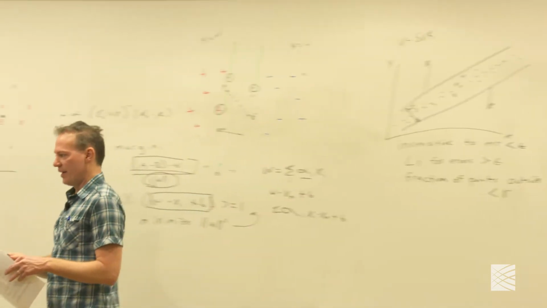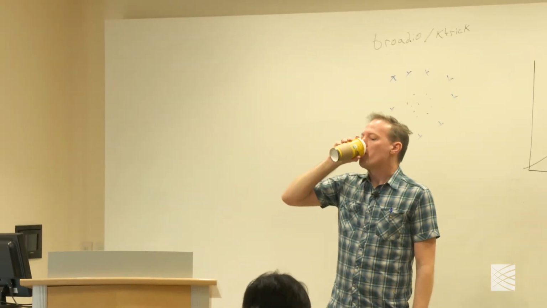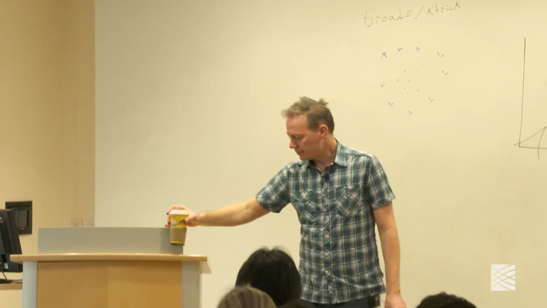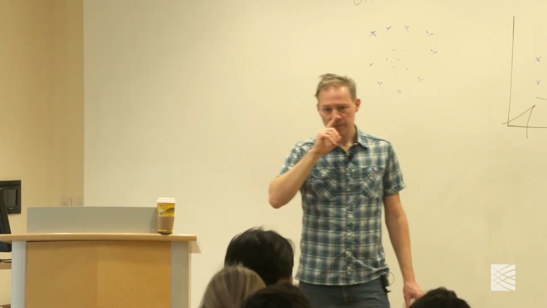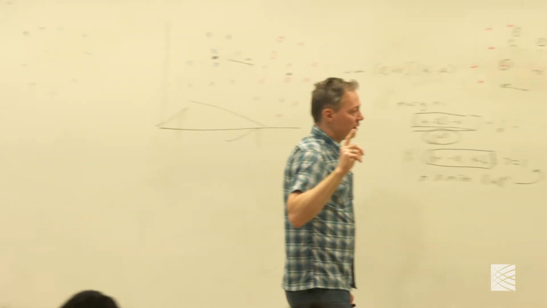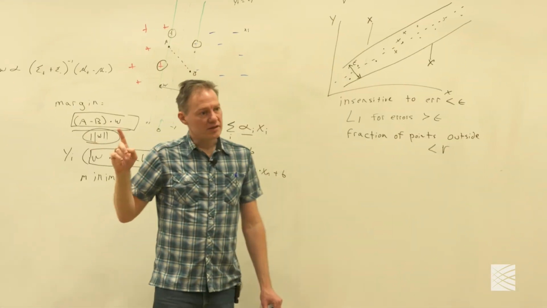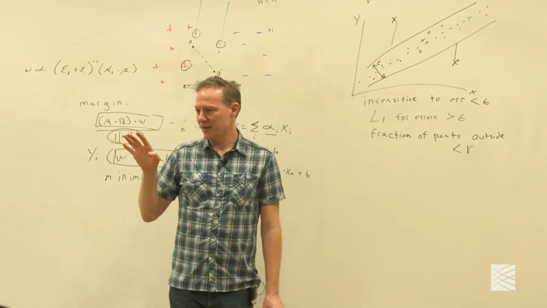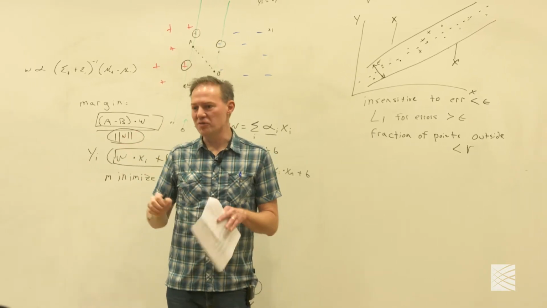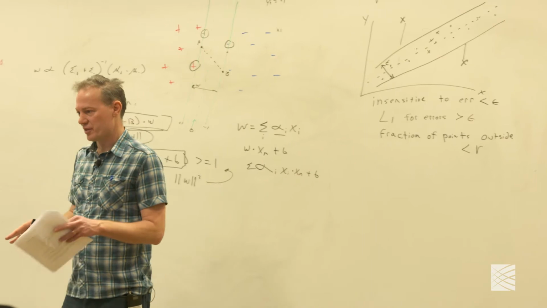Are we trying to find the narrowest tube and somehow simultaneously also minimize the L1 error for the points outside the tube? Yes. It turns out that they combine. I couldn't find a very intuitive explanation of this.